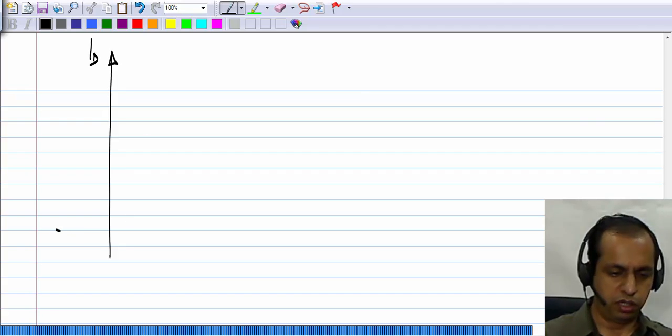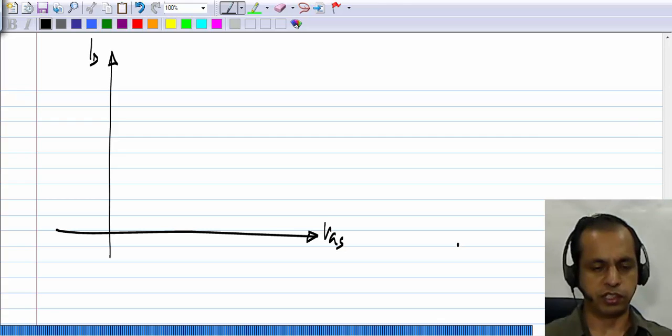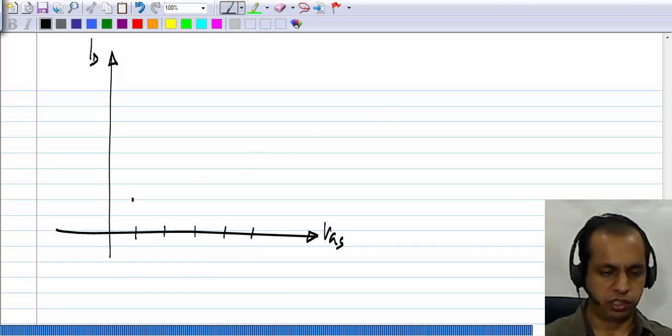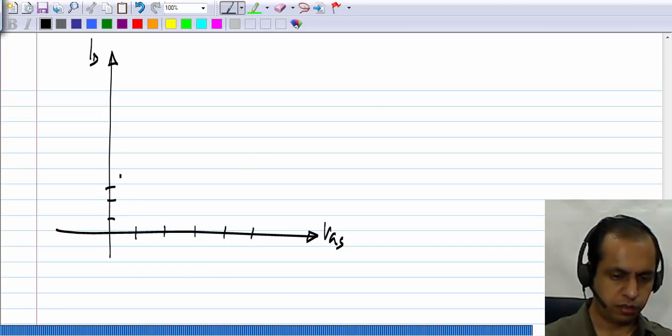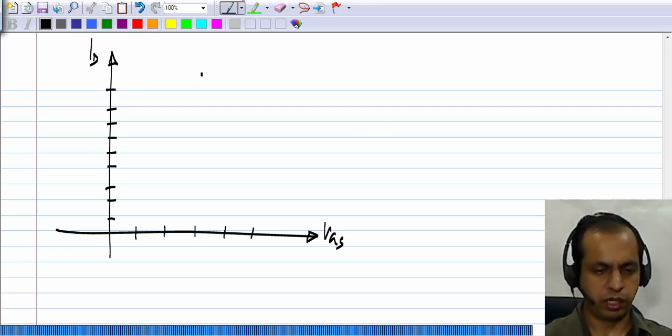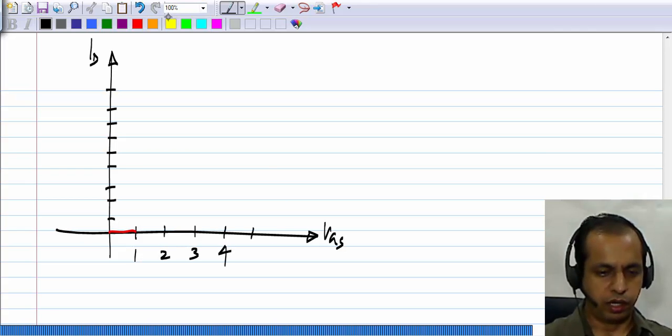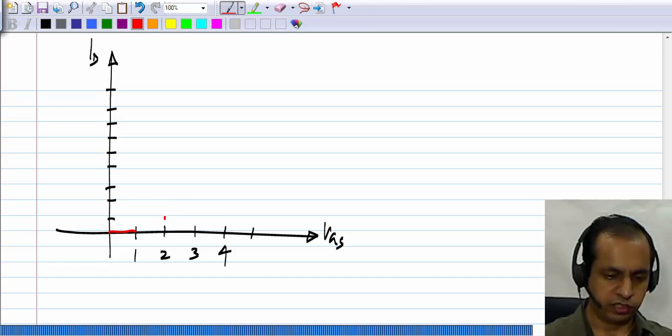The actual ID-VGS characteristic of the MOS transistor in saturation region is square law. This we know, right? For our particular transistor, the current is 0 up to a gate source voltage of 1 volt, and it increases like that.